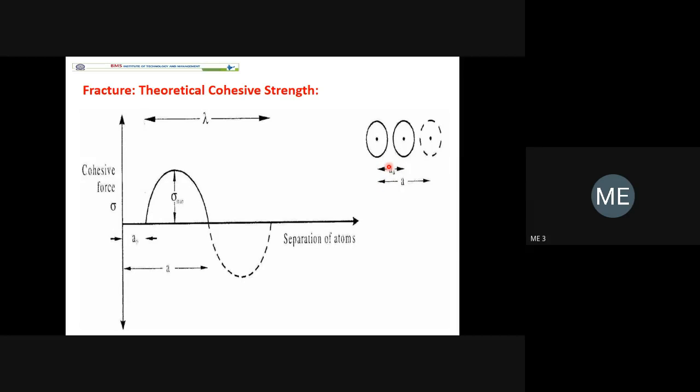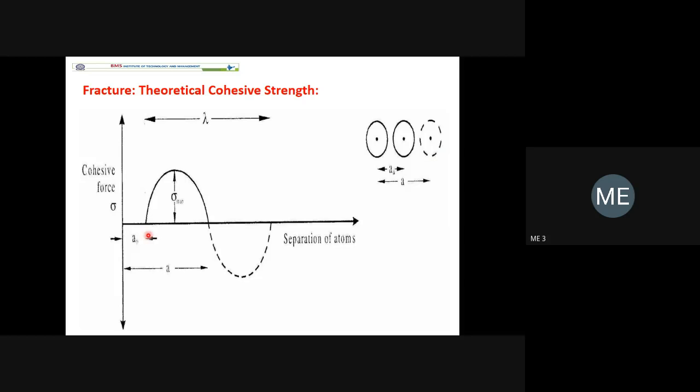Once the load is applied, imagine you are applying tensile loading, the atomic distance is increased. Bonds are not broken, there is still atomic bonding between two adjacent atoms, but the distance between the atoms is increased from A naught to A.